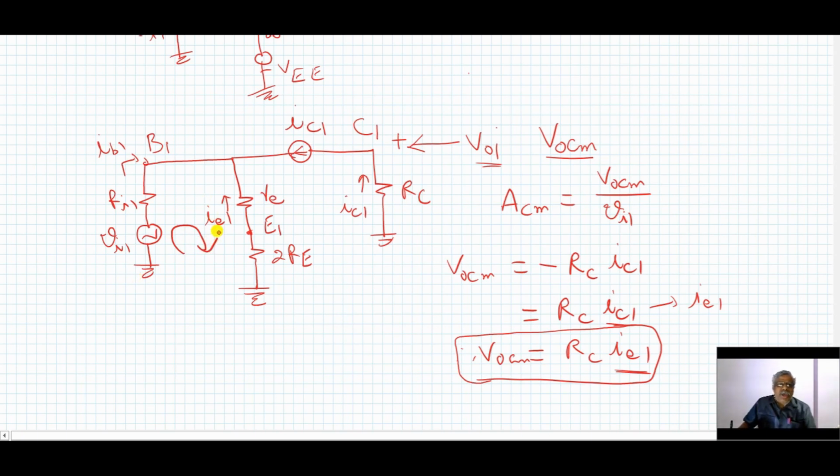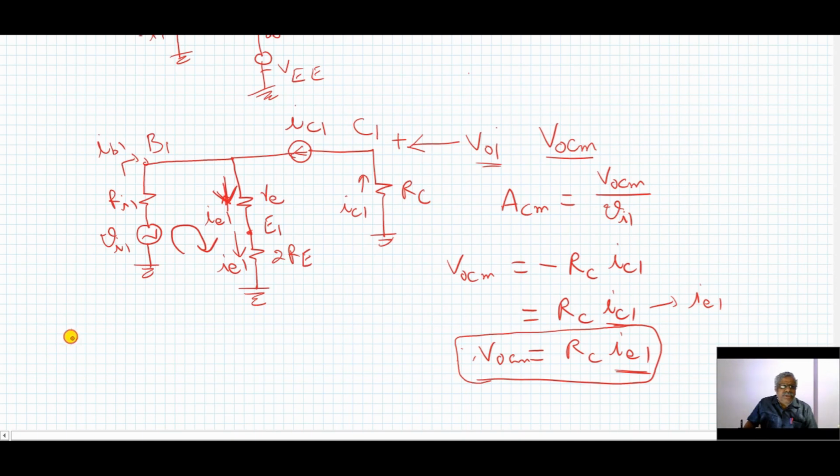So here IE1, earlier I represented in this direction, because here there is a node. But actually when IB1 is entering into this node and IC1 is also entering into this node, the IE current will leave this node. So IE will be in this direction, downwards towards ground. IE1 will flow. Then we get the correct loop equation. So write the input loop equation for this loop.